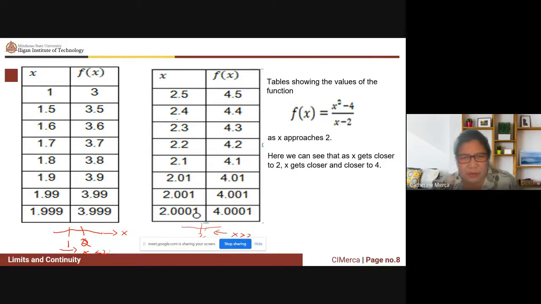When you get 2.4, closer to 2, you get 4.4. And down the line, if you have 2.001, very close to 2, what's the value of the function when you substitute to this function? You get 4.001. So here we can see that as x gets closer to 2, the function gets closer and closer to the value 4.